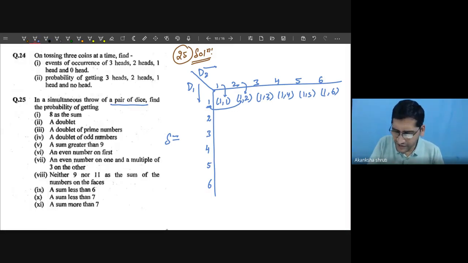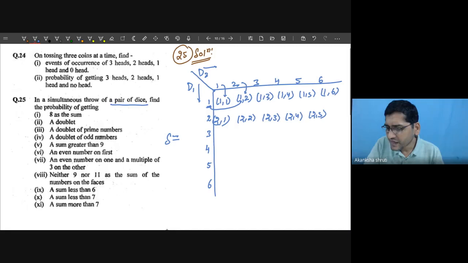Similarly you have to write for 2: 2,1; 2,2; 2,3; 2,4; 2,5 and 2,6. Do not forget to put the comma in between.